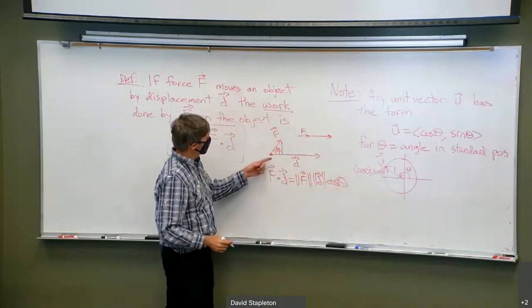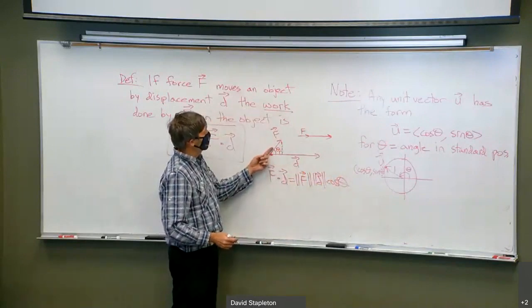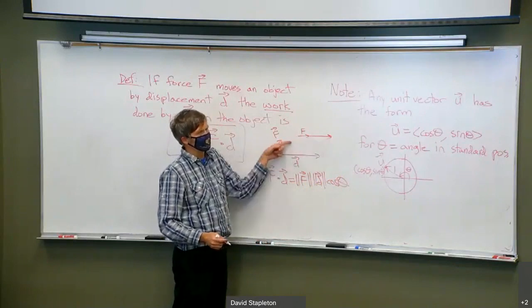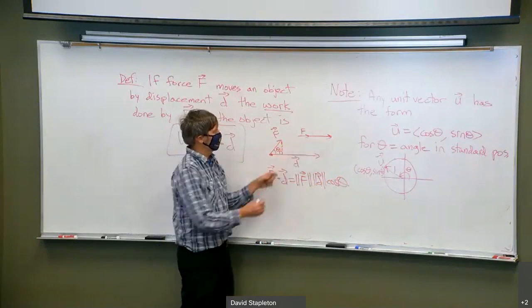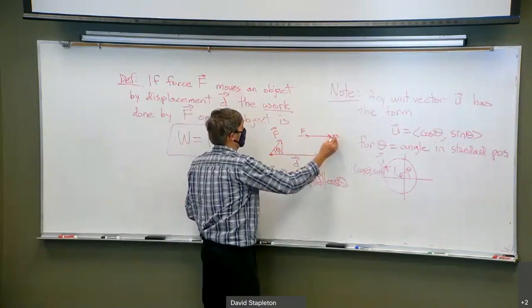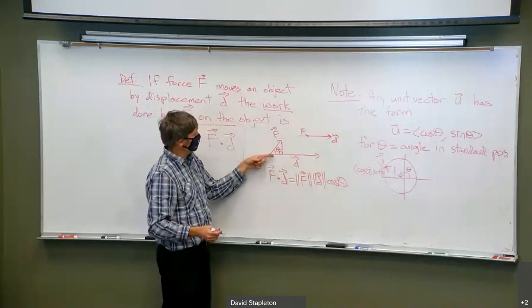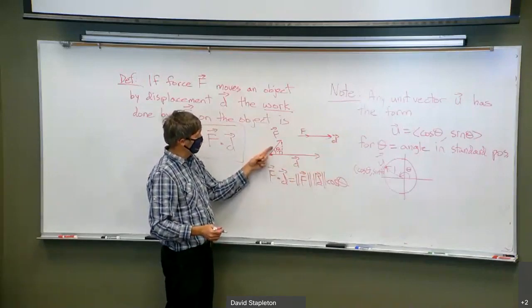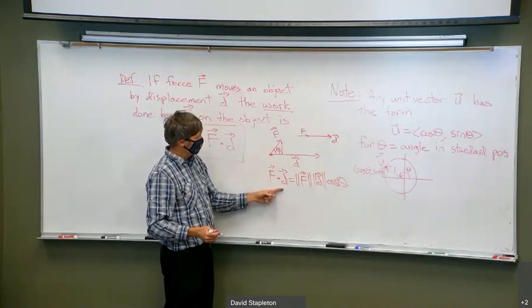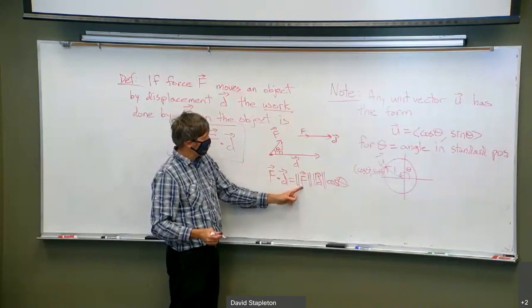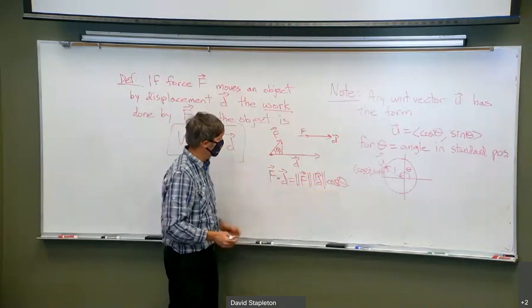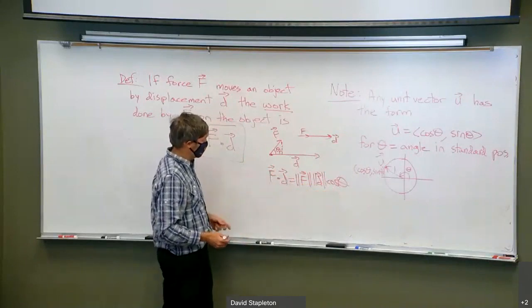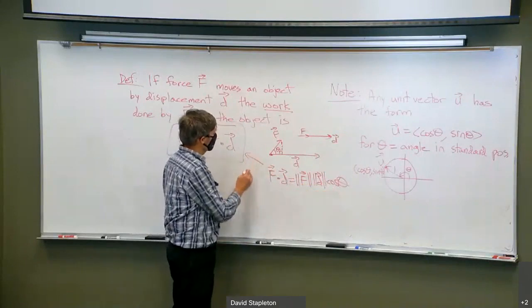The work done by a force at an angle to an object is no longer force times distance like you had when everything was moving along a line. Then you had the force pushing along the line and the displacement along the line. When force is not along a straight line but can be at an angle to it, then you generalize it and say it's not force times distance, it's force times distance times the cosine of the angle between them. There it is. So that's what this is.